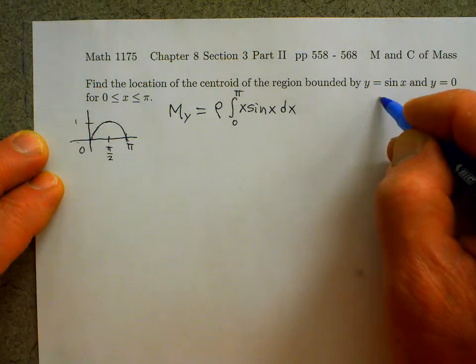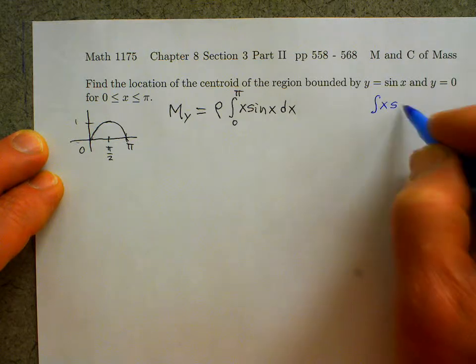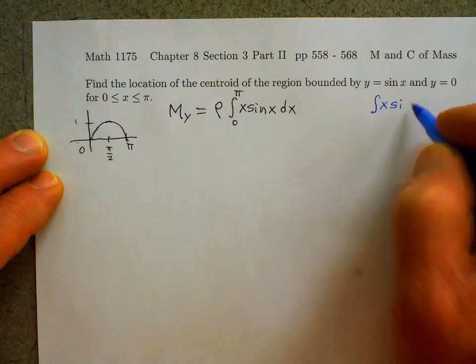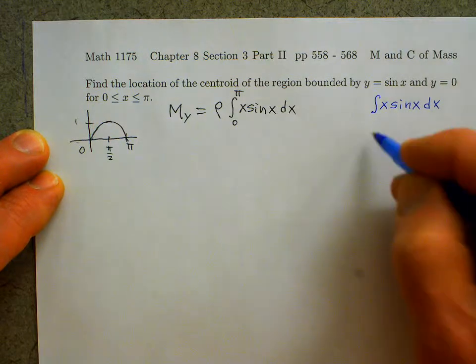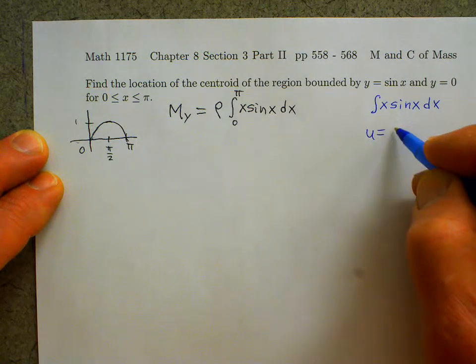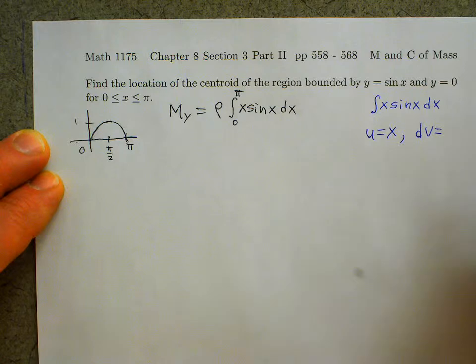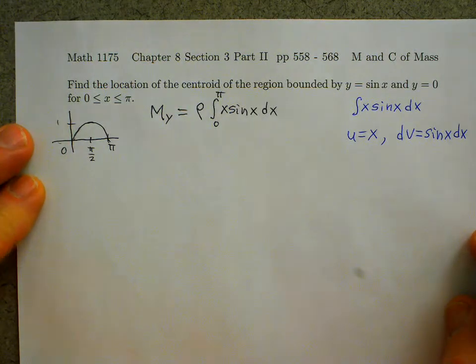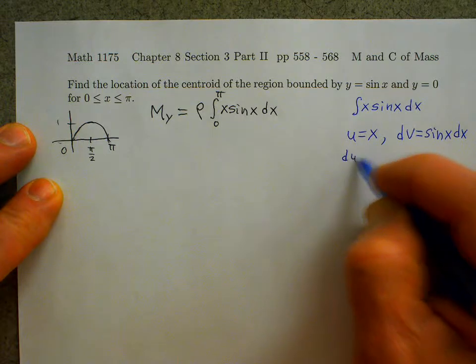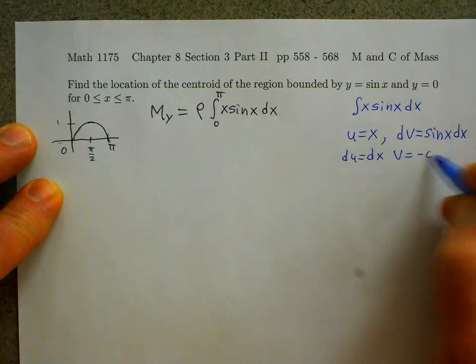So on the side over here, let's just do what we would do if we wanted to find an antiderivative of x times sine of x using integration by parts. So if we pick u to be x and dv to be sine of x dx, so du is dx, and v is negative cosine of x.